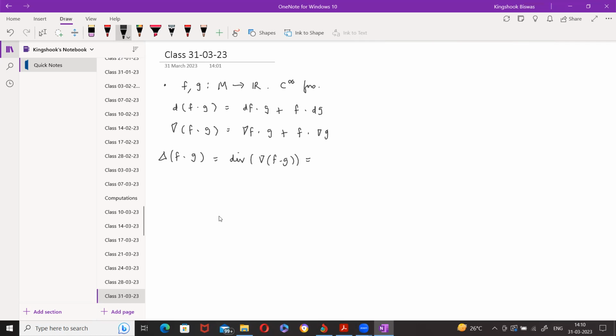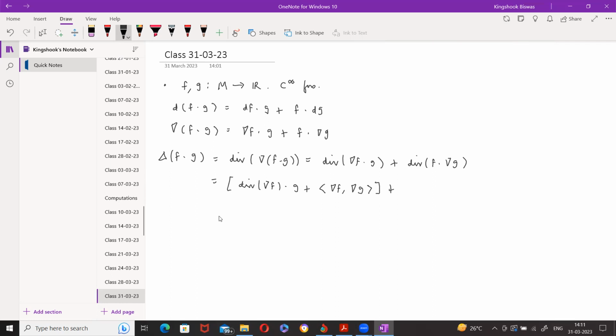So that becomes the divergence of (grad f into g) plus divergence of (f into grad g). And now we can use the product formula for the divergence, right? So the divergence of grad f into g will be a sum of two terms: the divergence of grad f into g plus the inner product of grad f with grad g.